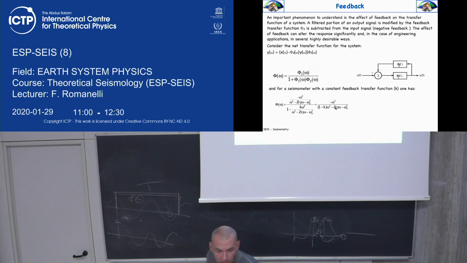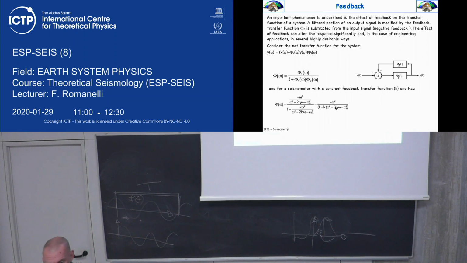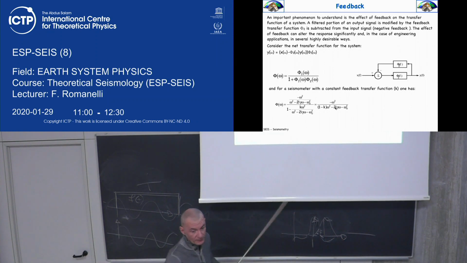If k is 0, we go back to our system. This is just a principle. But if you tune k now, changing it at every time, you can create a system that has many different responses, right? If you change k.